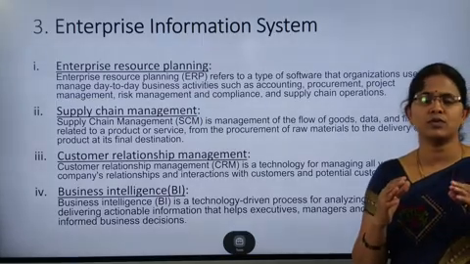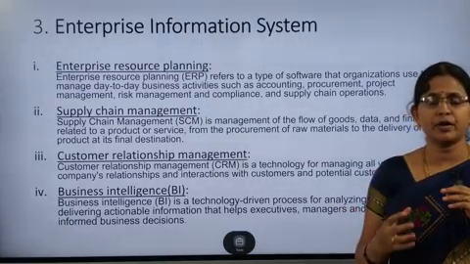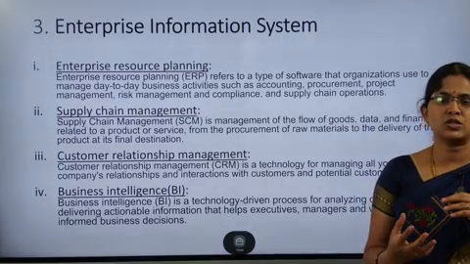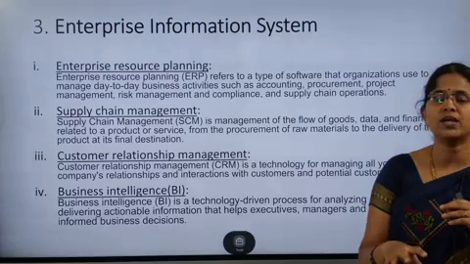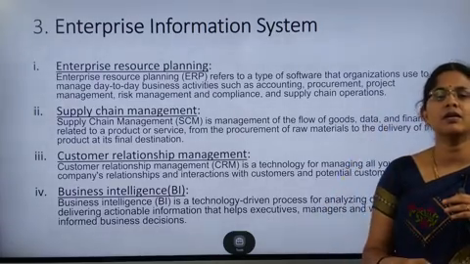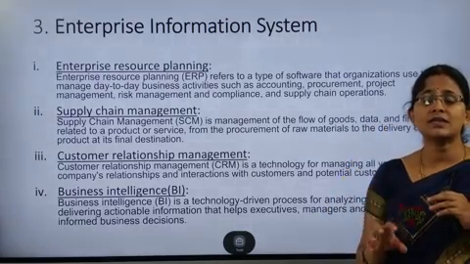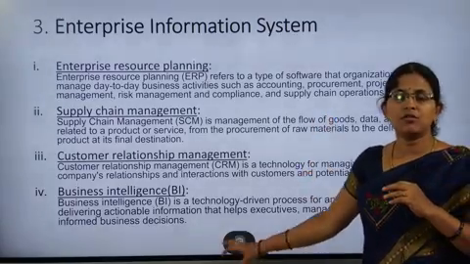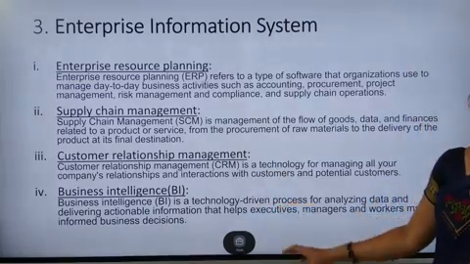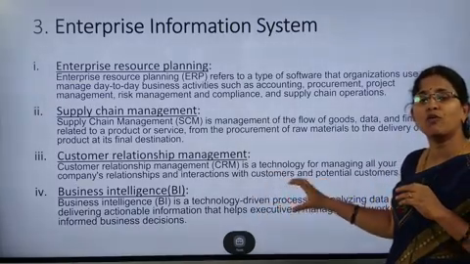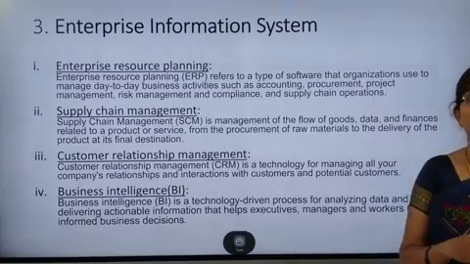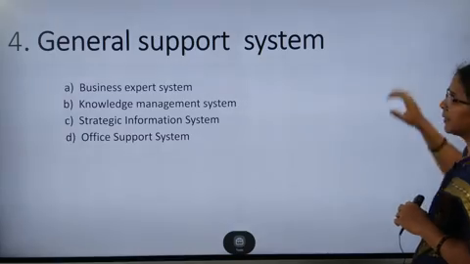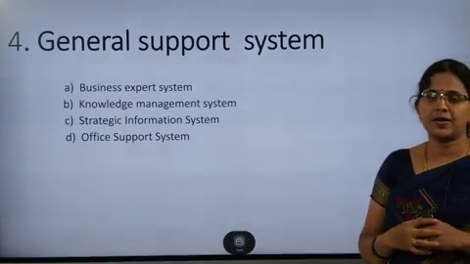Suppose you want to take productive or profitable decisions for your business; to support those decisions you require some standard information. That standard information is provided by business intelligence, because it is a technology-driven process which makes you go for further advancements in the organization. So these are the 4 categories you can see in enterprise systems.